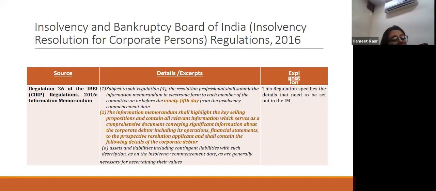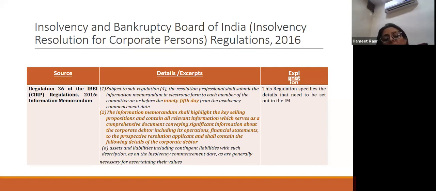Under the liabilities, we may have got some information on the contingent liabilities, which is very much important for the RA to take a decision in terms of what probably lies under that CD and what all liabilities he may expect, which are not listed in the books, but yes, they are contingent. For example, under the home buyers matters.